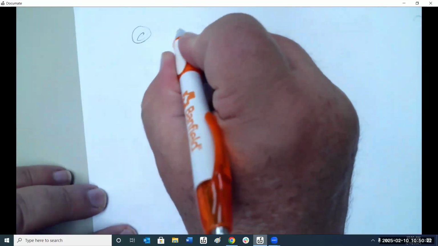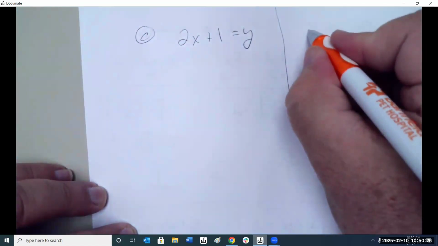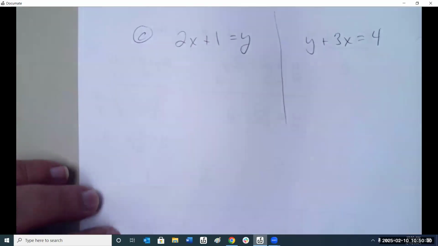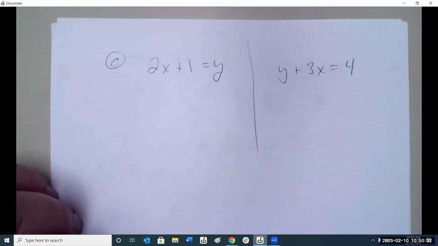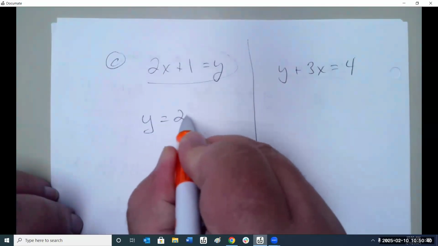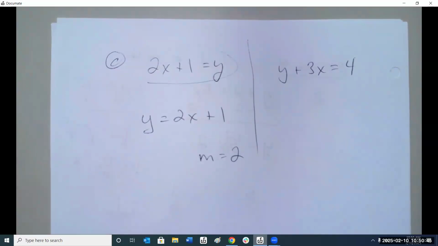And one last one real quick. 2x plus 1 equals y, and y plus 3x equals 4. Now, the first one's already set up, so it's y equals 2x plus 1. The slope is 2.